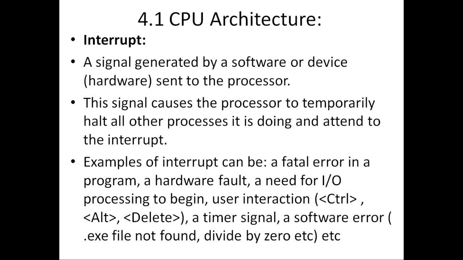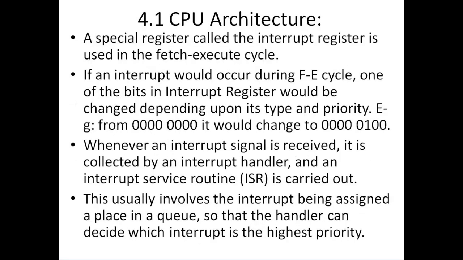Examples of interrupts can be a fatal error in a program, a hardware fault, a need for input or output processing to begin, some user interaction such as pressing Control, Alternate and Delete keys together to launch Task Manager, a timer signal, a software error such as .exe file not found, division by 0, etc.